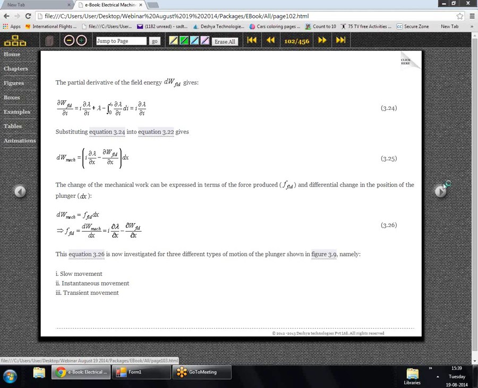But yes, after simple manipulations of the equations that we have obtained, we can eventually find out that the force exerted on the moving plunger is given by the rate of change of mechanical energy with respect to displacement, and that is equal to I, the partial derivative of lambda with respect to x, minus the partial derivative of the field energy with respect to x, which is given in equation 3.26.